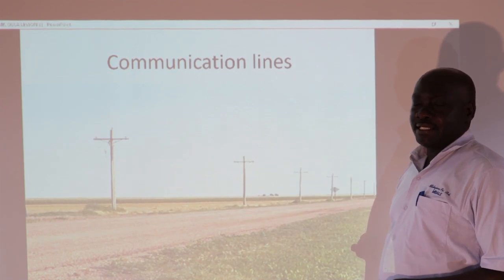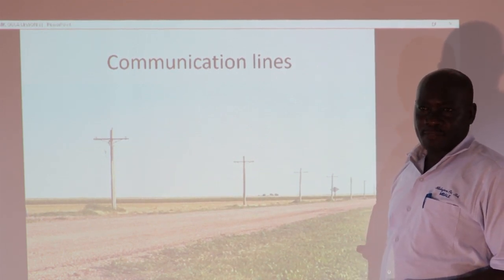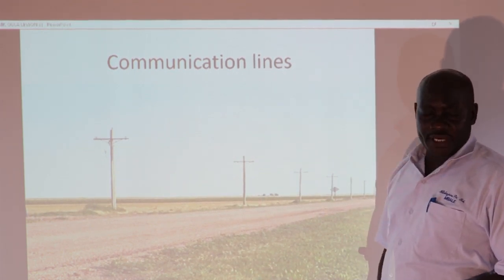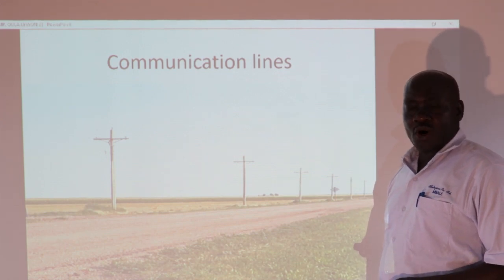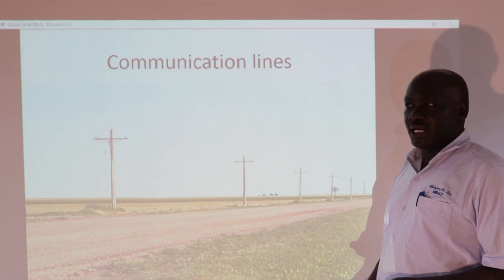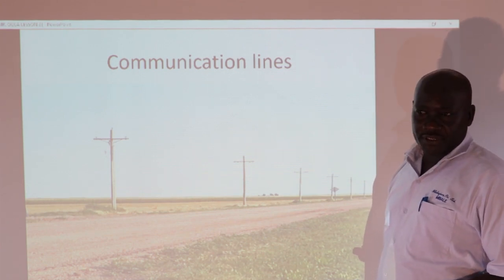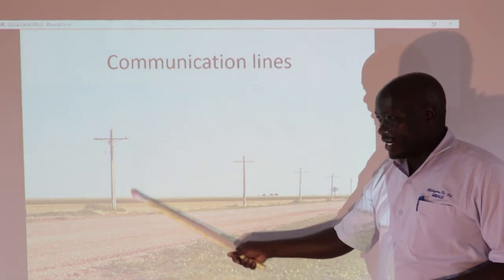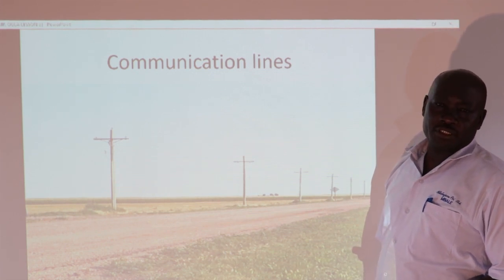Meaning that this reduced people from moving from one place to another, sending messages or taking messages, but they were now using the post office because these were connected up to the post office.